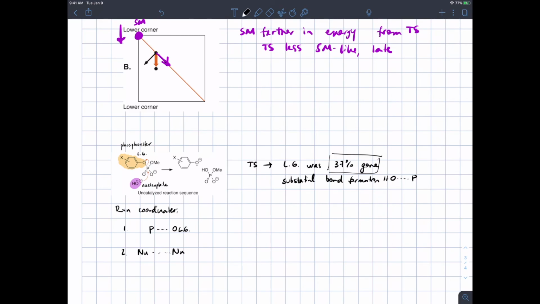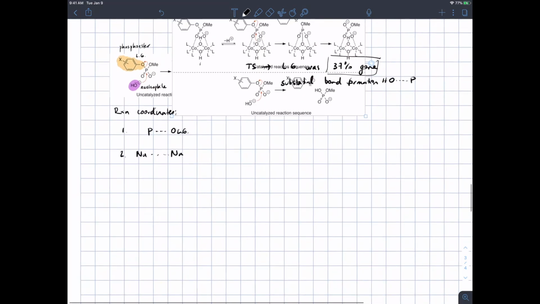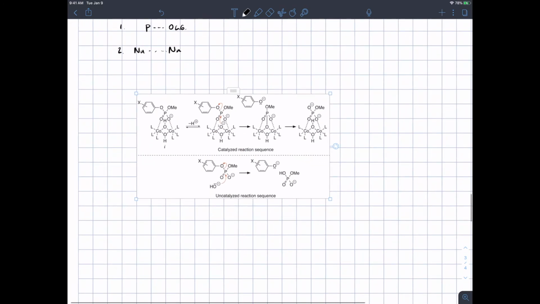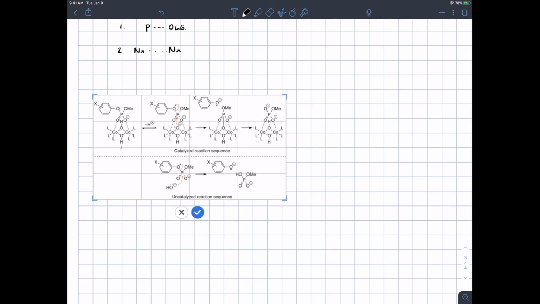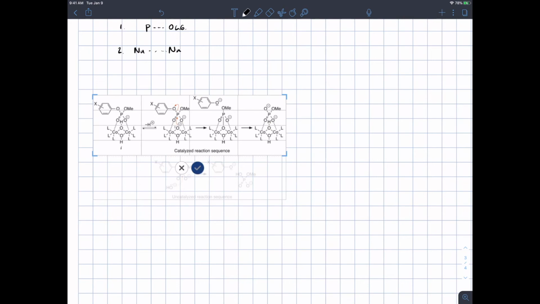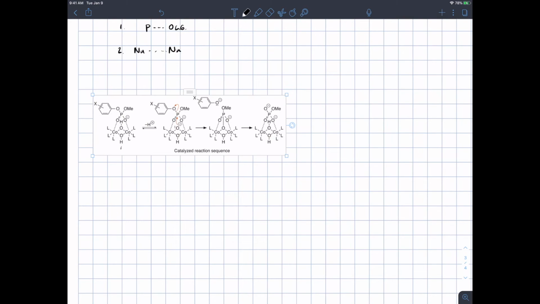But then they were studying a catalyst that promotes this reaction and accelerates it. And we're not going to talk about why the catalyst accelerates the reaction or why the catalyst is different, but we do want to rationalize a result that came from the catalytic study. And what they found was that if you use the catalyst, now the transition state involves the leaving group being now like 77% gone.